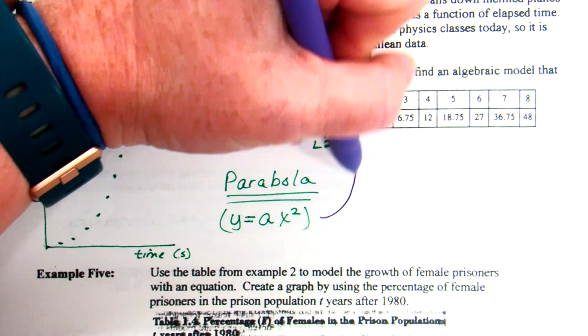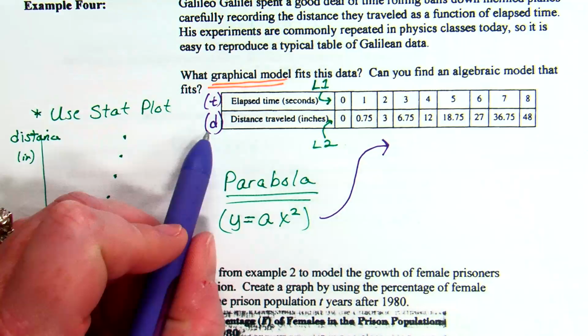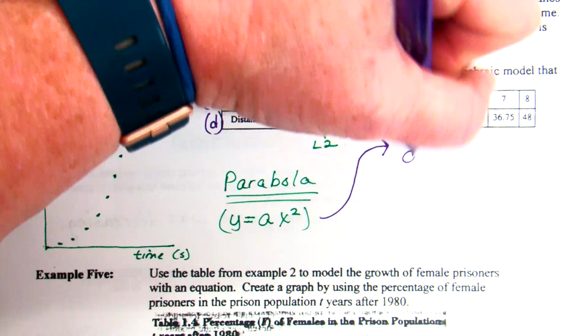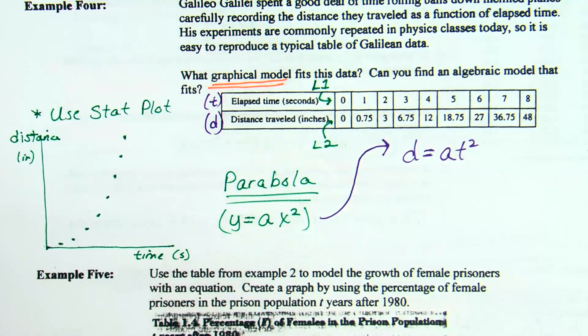Distance traveled, we usually call d. So with that in mind, just to get you familiar with other formats, instead of saying y equals ax squared, my y values are going to be my distance values. Still a, because we're trying to figure out what kind of stretch or shrink we have here. And instead of x, those are my time values. So d equals a t squared.